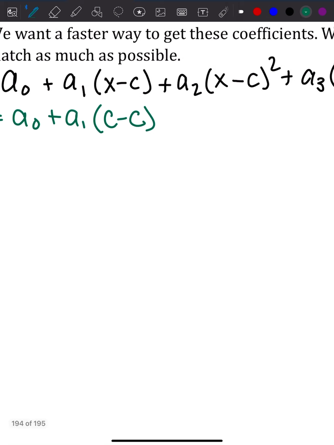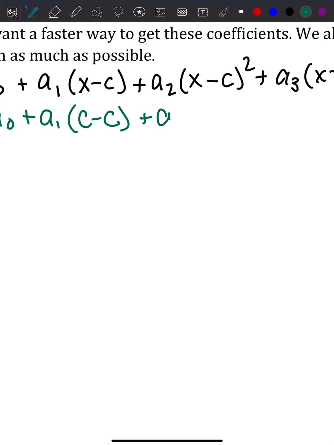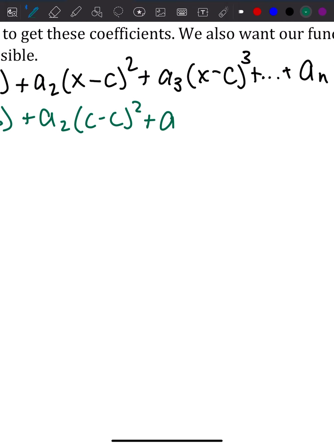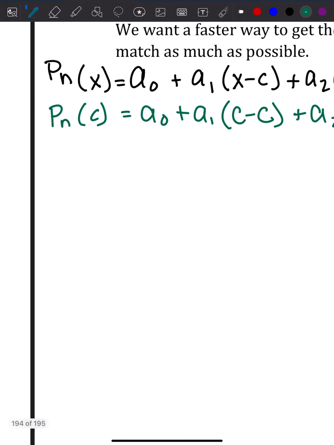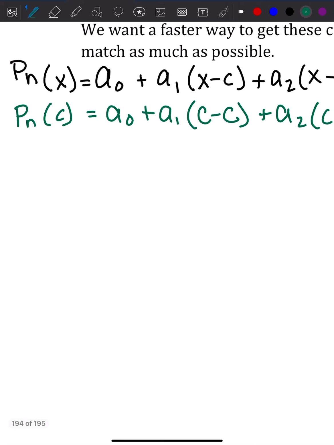C minus c is 0, so any term where we have x minus c is now going to go to 0. So I'm just plugging in c. In doing so, all of those terms that had an x minus c are going to go to 0, so we're left with a sub 0, or a sub naught.